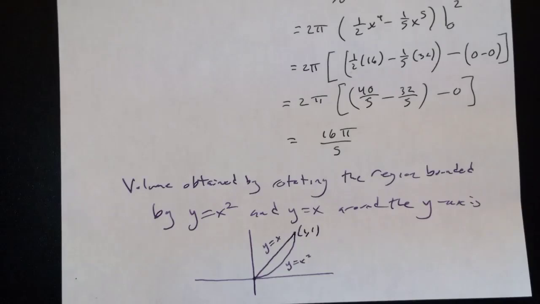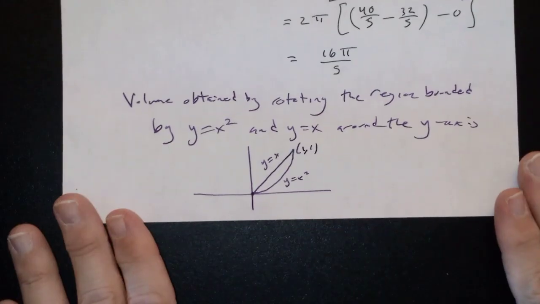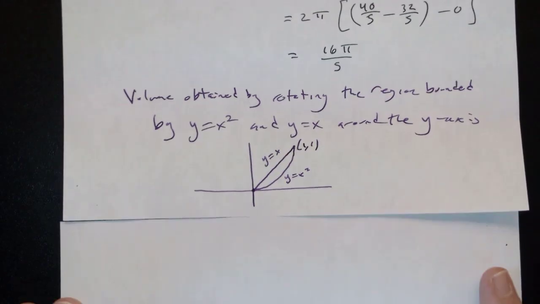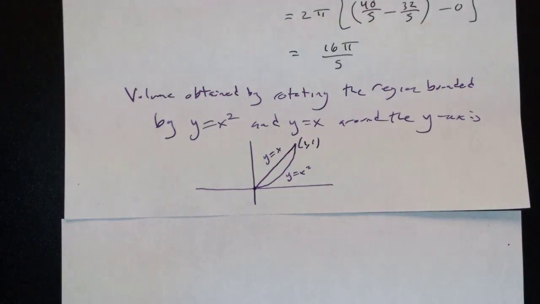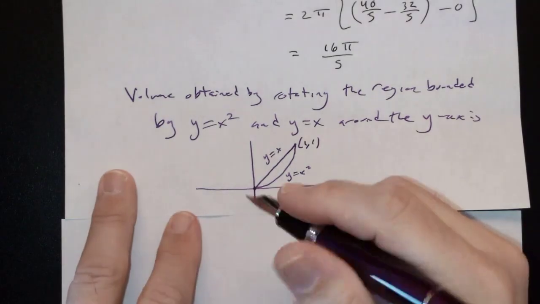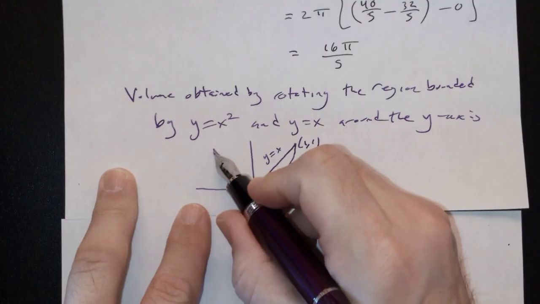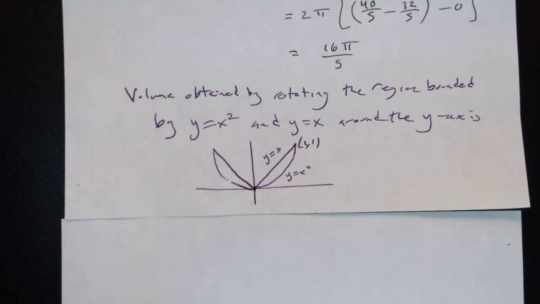The region bounded by the curve y equals x squared and y equals x is this lune, this crescent, bounded by the straight line on the top and the parabola on the bottom. They intersect at the origin, (0, 0), and at the point (1, 1). Great. Going around the y-axis, there's my mirror image over on the second quadrant there.